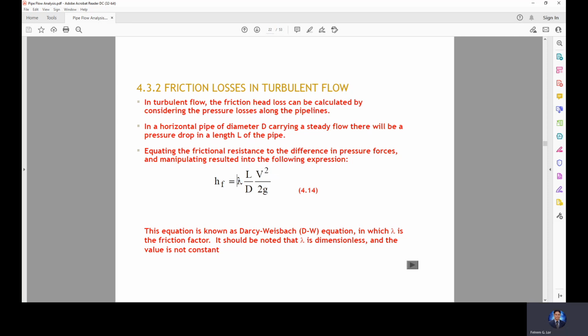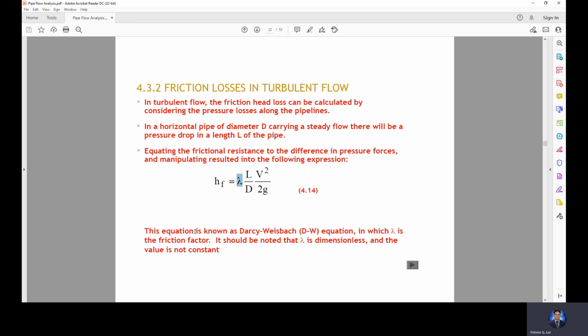This lambda, this friction factor, in some books the symbol is f. Regardless of the symbol, what is important is that you know that this is the friction factor.